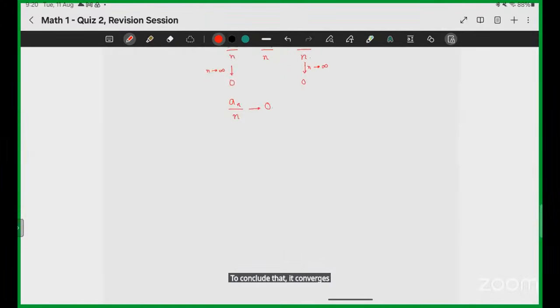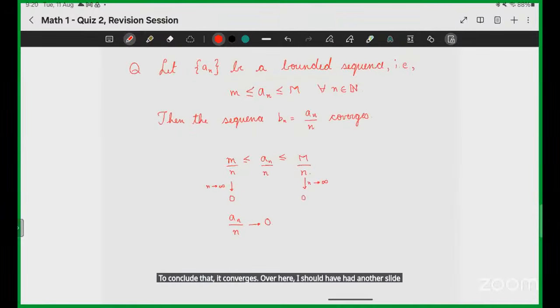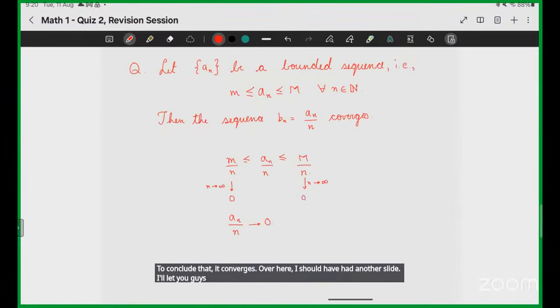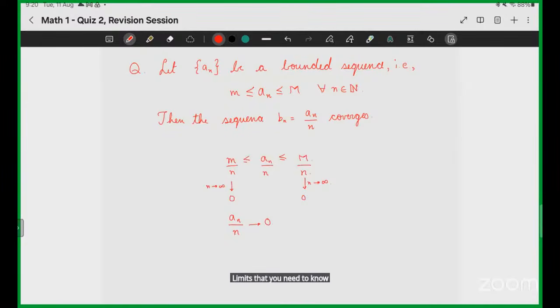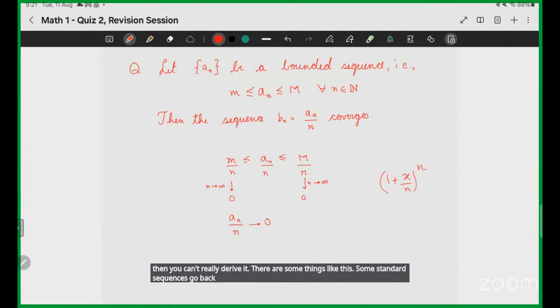Over here, I should have had another slide. There are some limits that you need to know, which if you don't know, you can't really derive them. Some standard sequences; go back to the previous lectures and look at them.